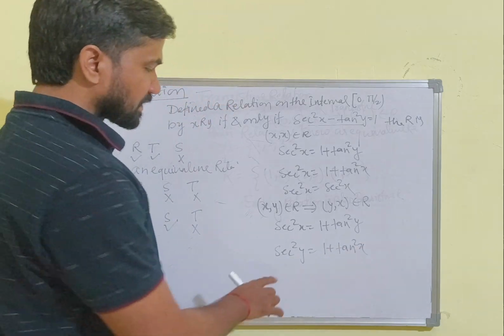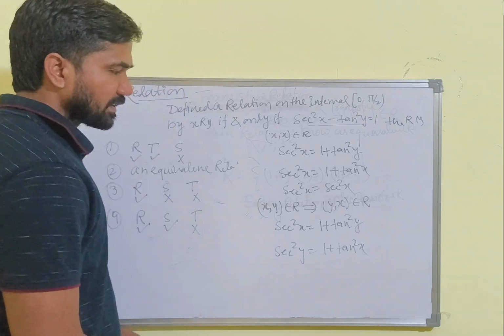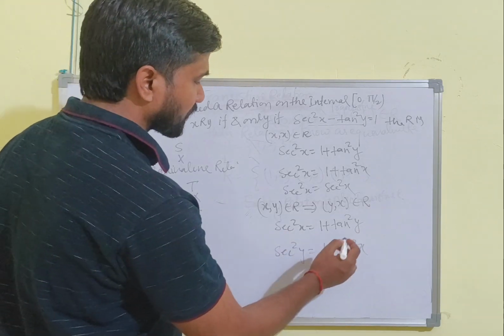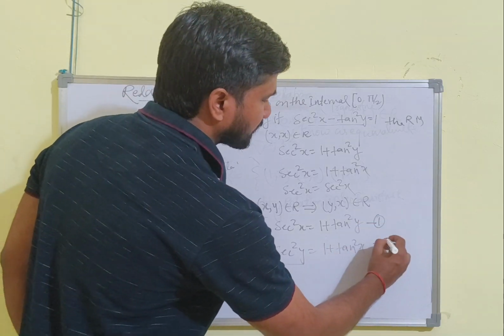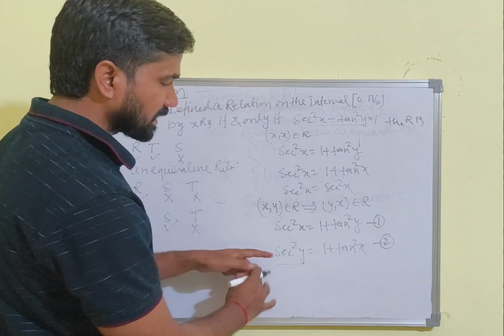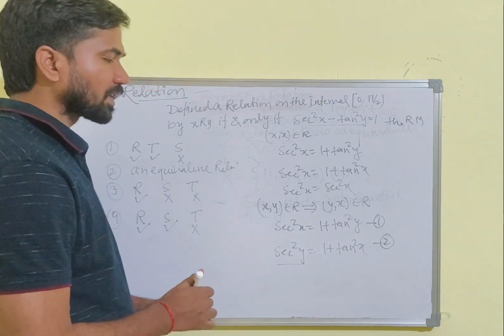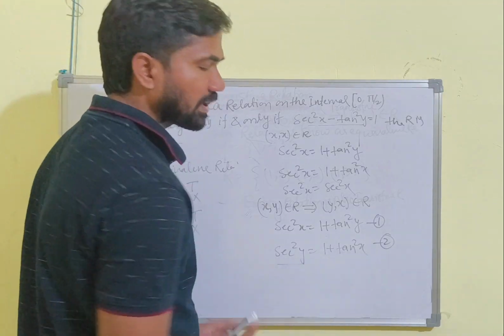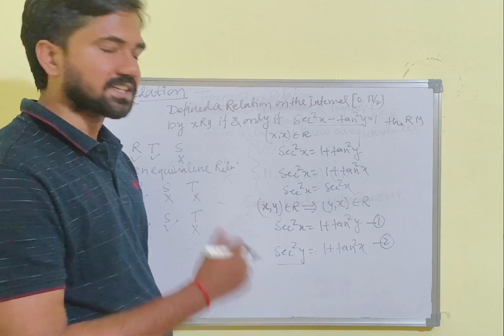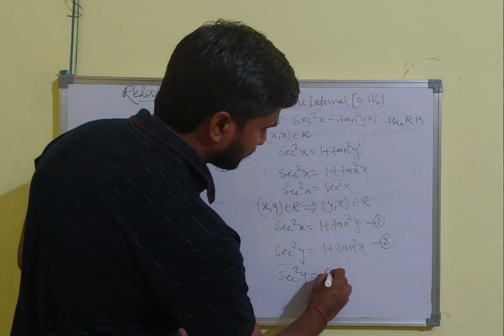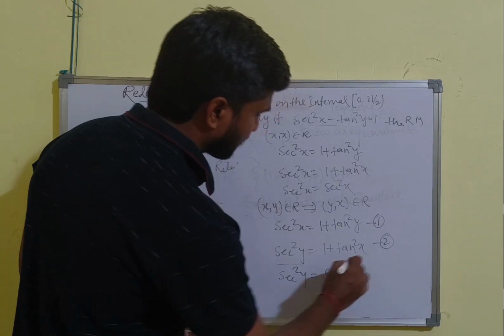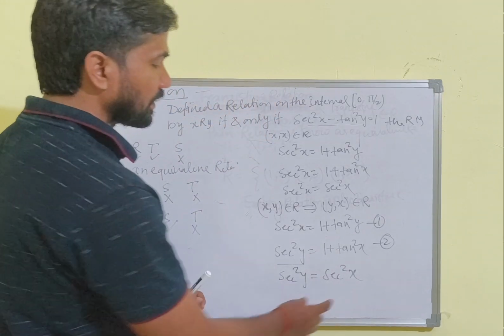We know that 1 plus tan square x is sec square x. So we can write sec square y equal to sec square x. Suppose this is equation first, and this is equation second.